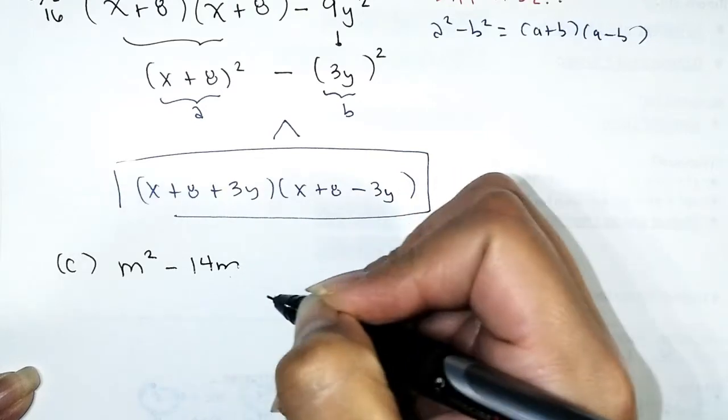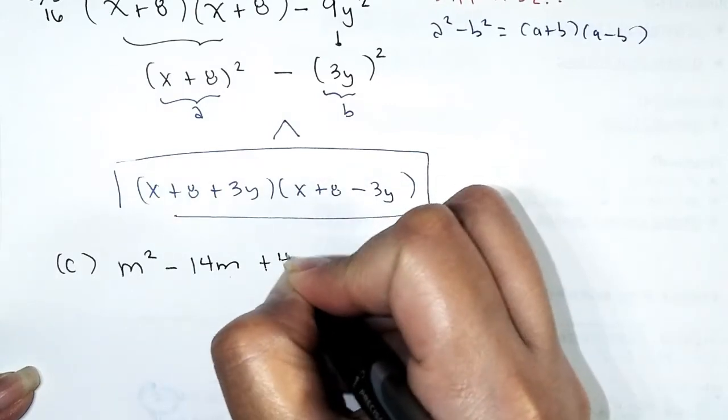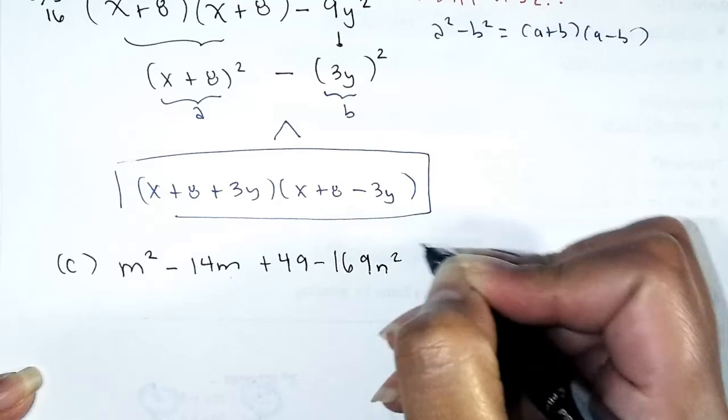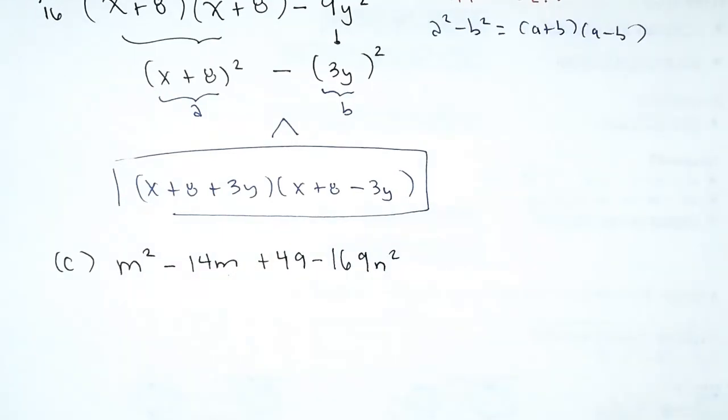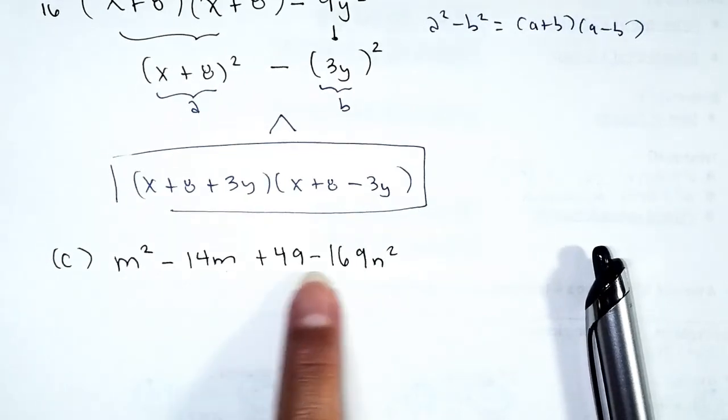Okay. So the third and final problem, we have m squared minus 14m plus 49 minus 169n squared. Okay, so let's just watch out for common factors. We don't have any, we're good. We have 4 terms, so let's factor by grouping. So again, the traditional grouping is 2 terms and 2 terms.